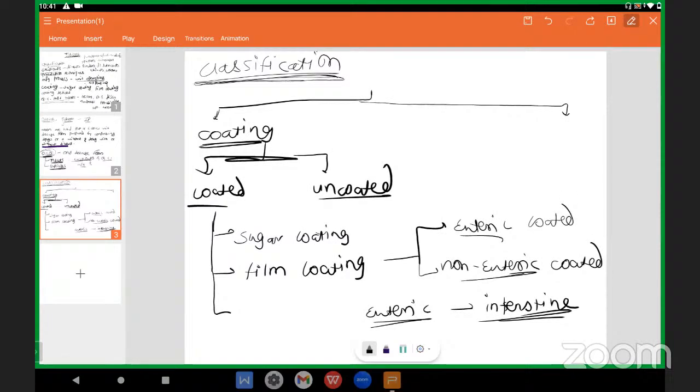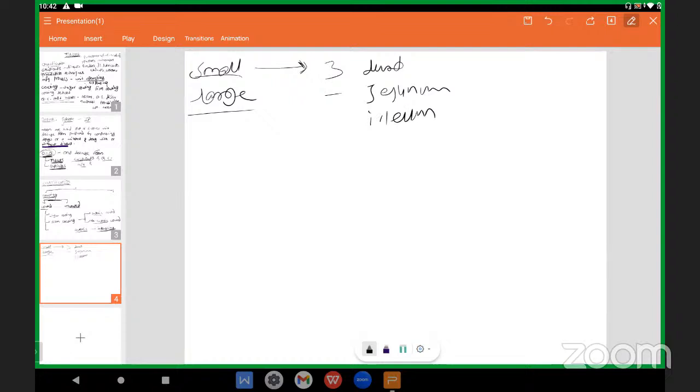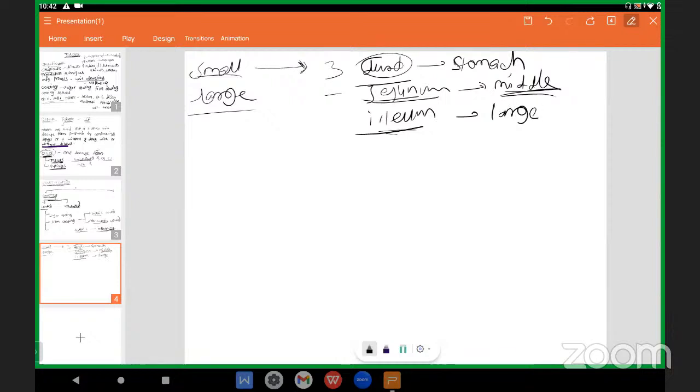7.4? Okay, so if you see the intestine, we have two major parts. The first one is the small intestine, second one is the large, right? The small intestine again has how many parts, how many subclasses? There are three parts: duodenum, jejunum and ileum, right? Duodenum is nearest to the stomach, jejunum is the middle part of the small intestine, and ileum is nearest to the large intestine, right?